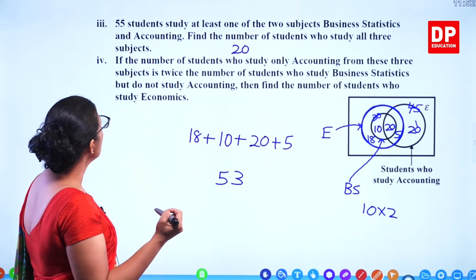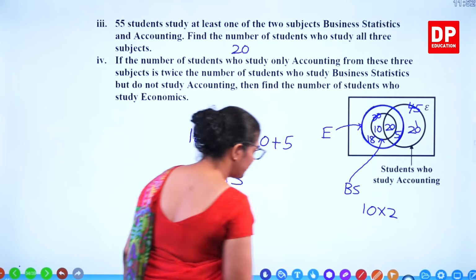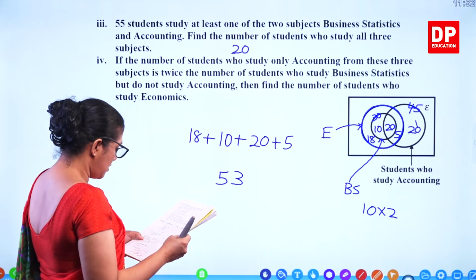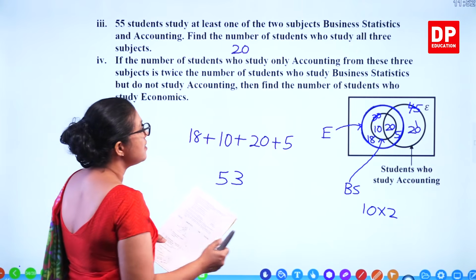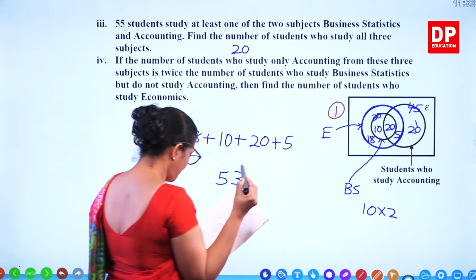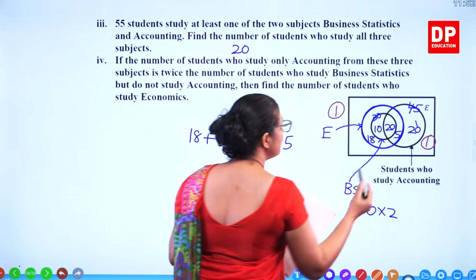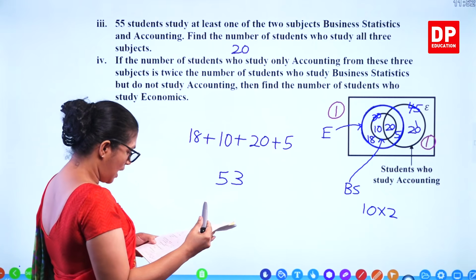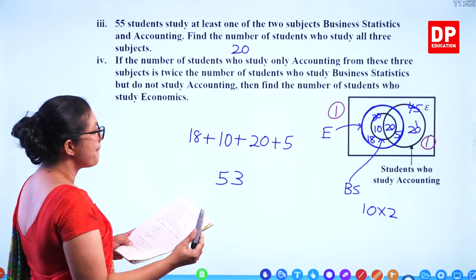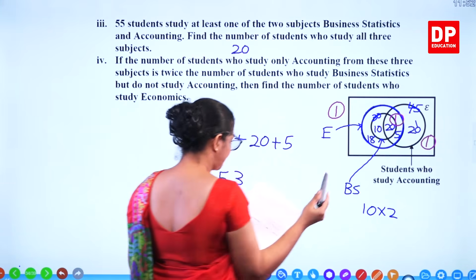Now we'll see how you get marks for these two. You are getting 1 mark for finding this 10 and 1 mark for finding this 20. And then this 20 also 1 mark.